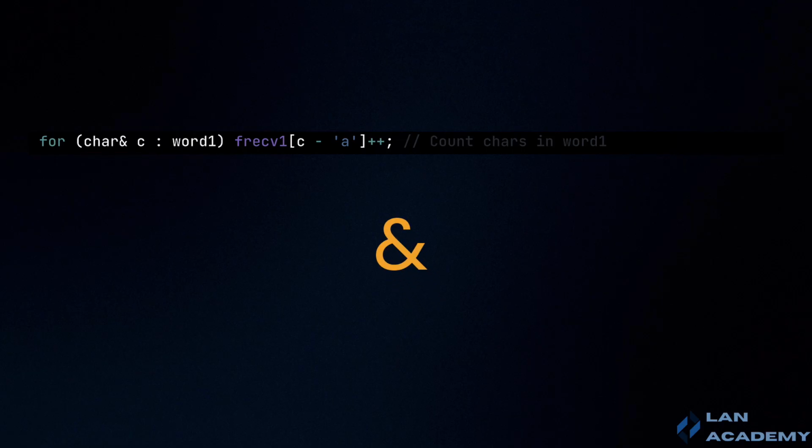In C++, the ampersand symbol is used to create references, among other things. A reference is like a nickname for a variable, allowing direct access and modification of the original variable. In this problem, the ampersand is used to efficiently count and compare character frequencies in the strings.